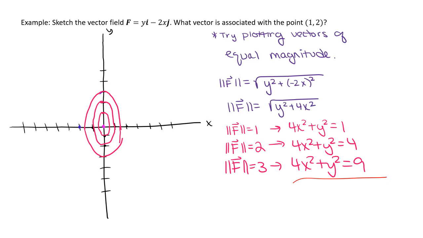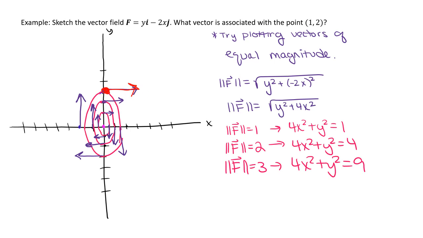And so then what I can do is pick a couple points and plot some vectors to see what it looks like. Just for simplicity, I chose the points that were sitting on the axes. So I chose this point right here. What is that? X is 0, y is 3. So that would be the vector 3, 0. And that's exactly what I've graphed.